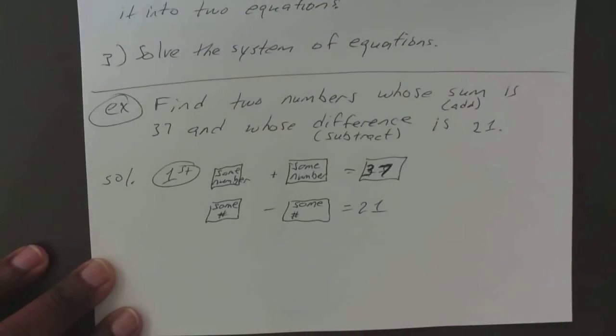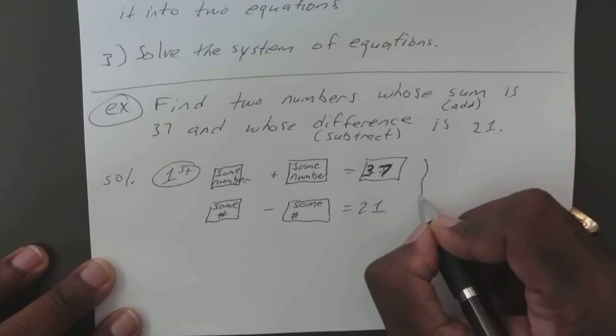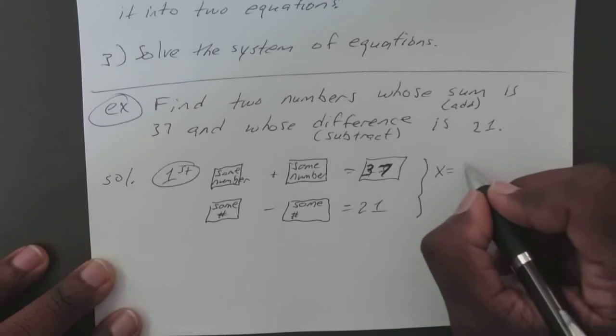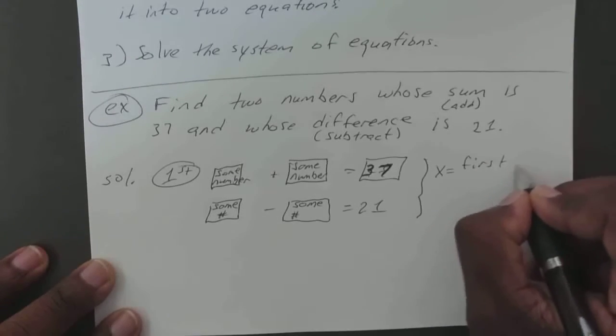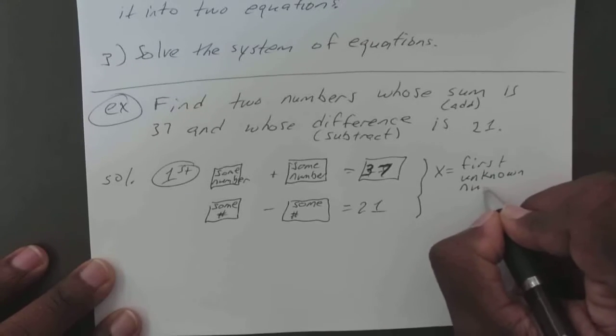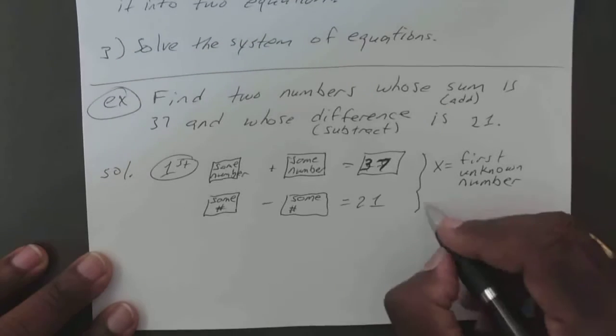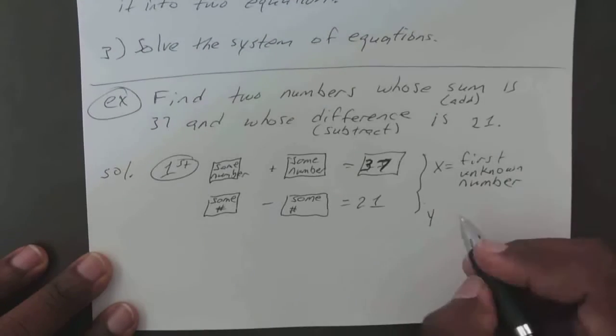So what we can do is we can make the first unknown number equal x. X equals first unknown number. Okay. And we can let y equal the second unknown number.